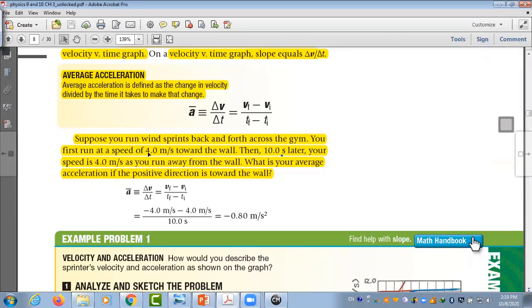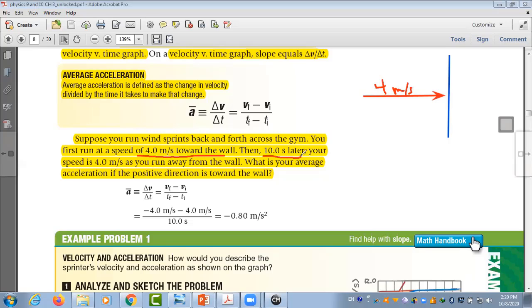You first run at a speed of 4 meters per second toward the wall. So let's draw what he's saying here. This is the wall of the gym. You are trying to reach this wall with a velocity equal to 4 meters per second, moving towards the wall.